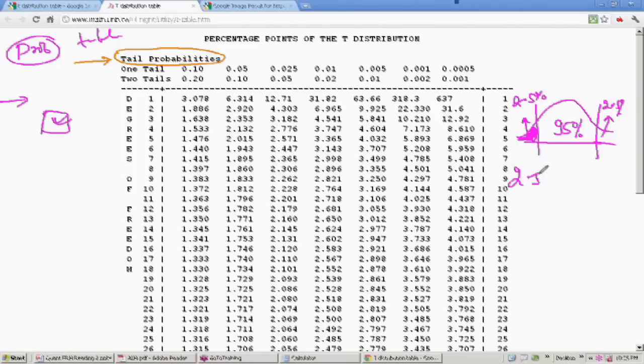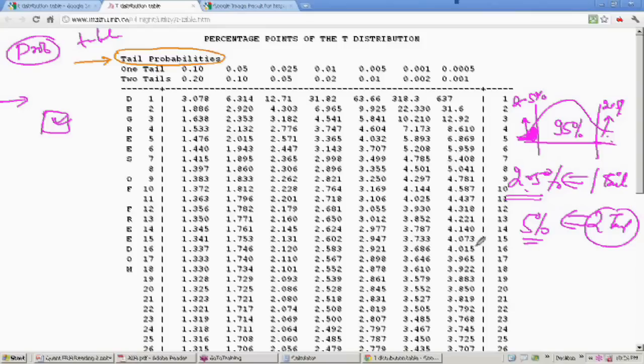Now when one tail has 2.5%, what is the probability of two tails? Two tail means you combine these two. Can I say 5%?